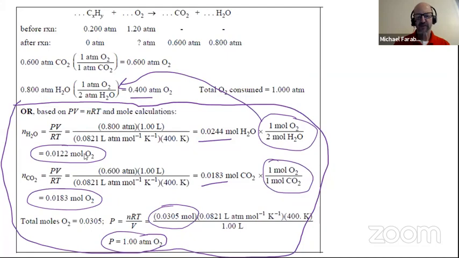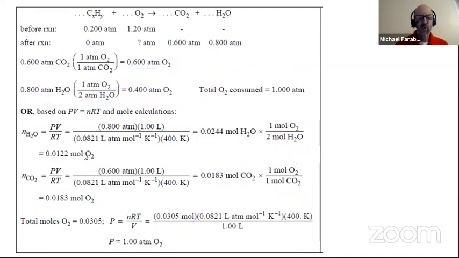And based on this 1-to-1 mole ratio, for every 0.6 atmospheres of CO2 produced, 0.6 atmospheres of O2 would have been consumed. And so 0.6 plus 0.4 is 1 atmosphere. So I'll go ahead and remove my writing so you can see this better. So 2 ways to do it. Either of these would have been acceptable. Again, the correct answer is 1 atmosphere of O2 is how much the oxygen was consumed in terms of pressure.